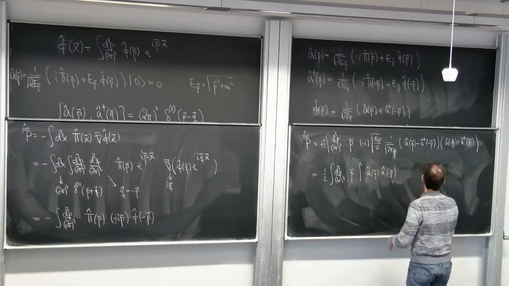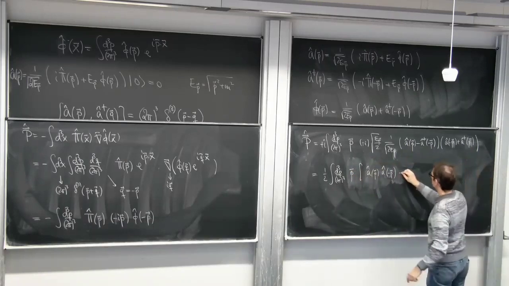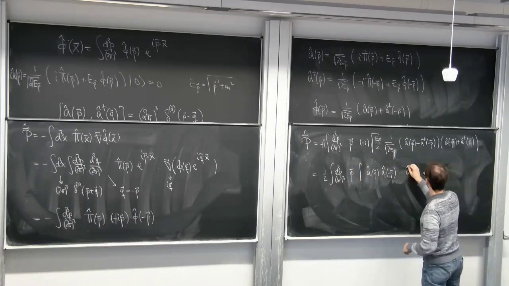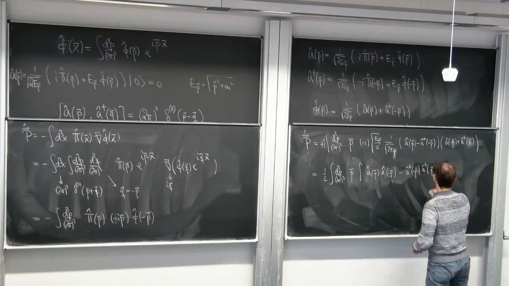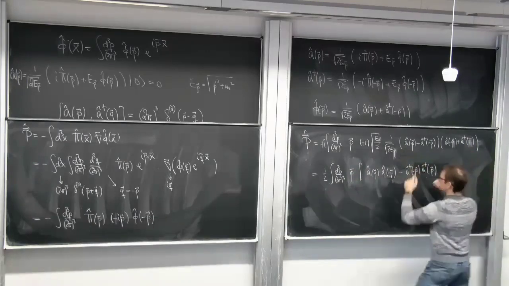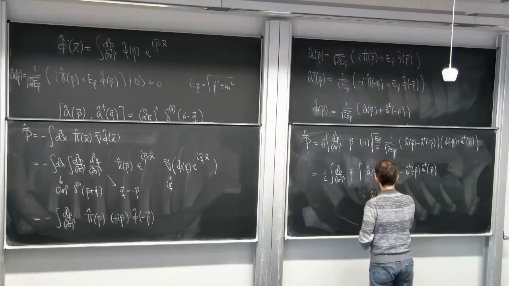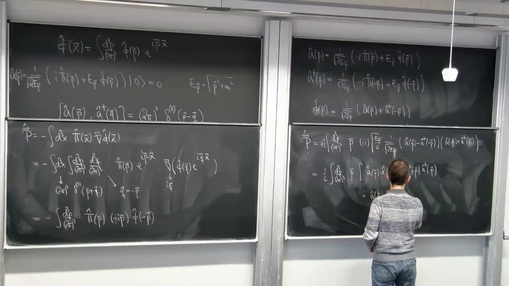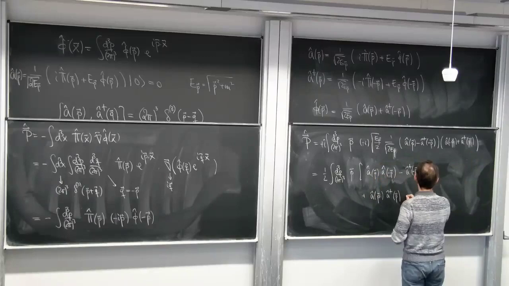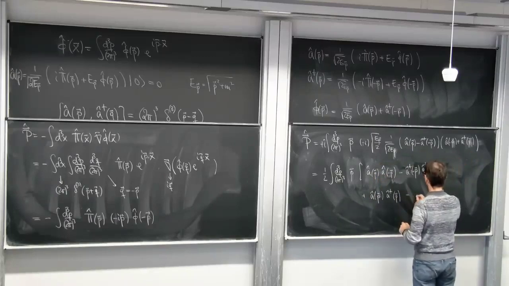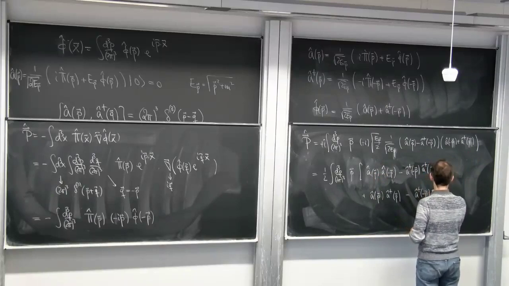Now it makes sense. Now I can say something. And these two together say the dagger, A dagger minus p, A dagger p. And then first and last plus A p, A dagger p, and then the inner minus A dagger minus p, A minus p.